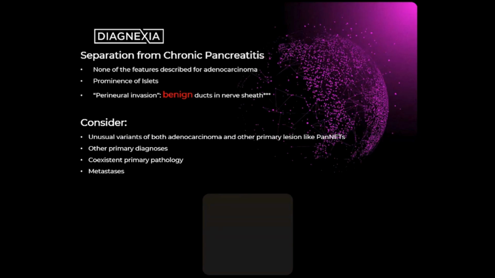So I've talked a lot about separation from chronic pancreatitis. In practical terms, what does this mean? Well, none of the features that I've described that are in keeping or diagnostic for adenocarcinoma should be present for chronic pancreatitis. But there's a degree of overlap, though it's not as severe. It's not as florid. Just remember that you will get some atypia, you will get some nuclear pleomorphism and hypochromasia, but not as much as you would expect in an adenocarcinoma.